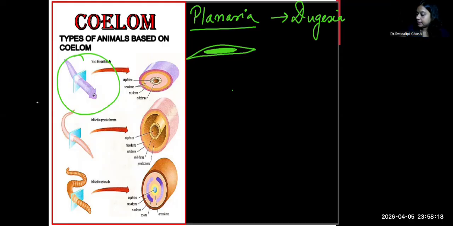Now, to make it clear, bacho, I will make it clear to you. See, if this is the ectoderm, right? It is the ectoderm that I'm drawing, this yellow portion.